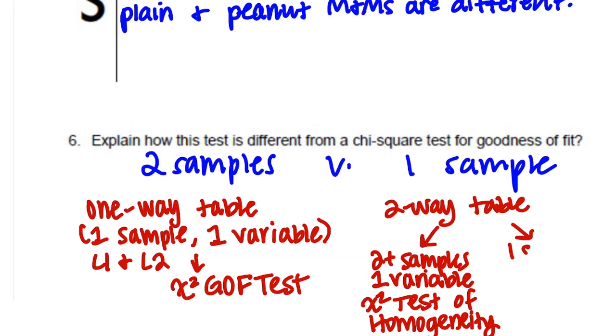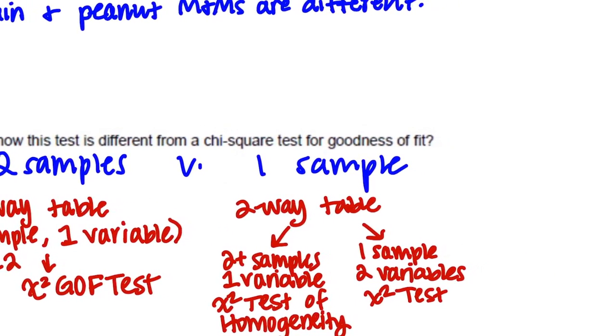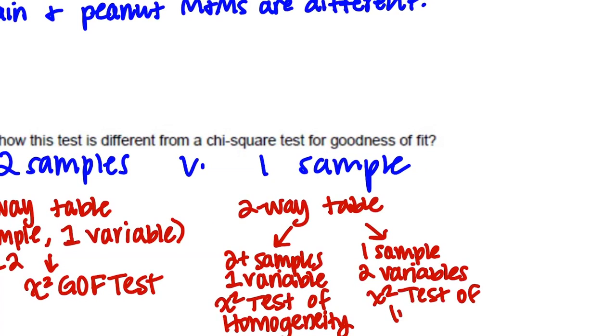That's when we have one sample with two variables. And this one is called a chi-squared test of independence. So we're actually using that exact same language from the warm-up to determine if variables are independent from each other. So that's the main difference between them.